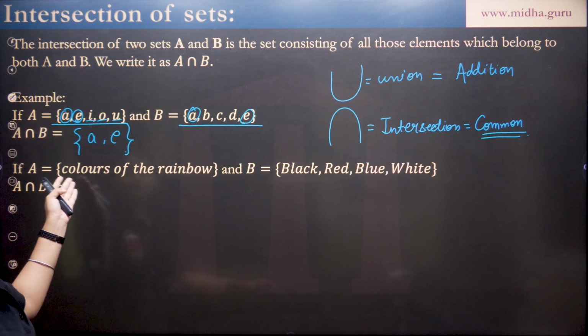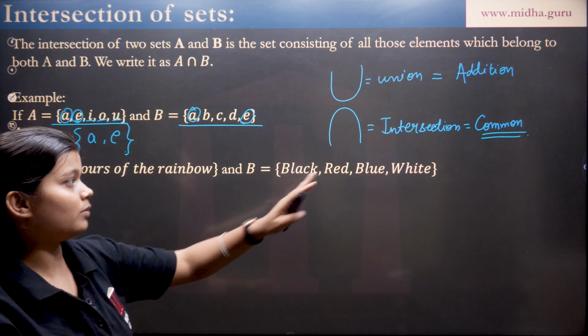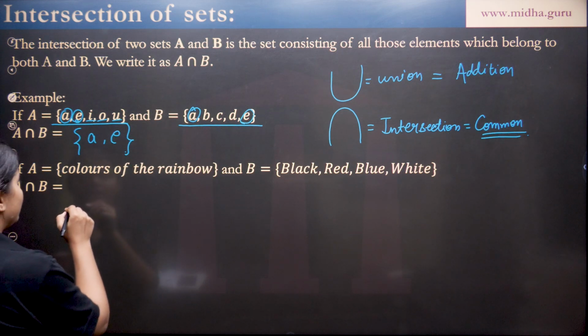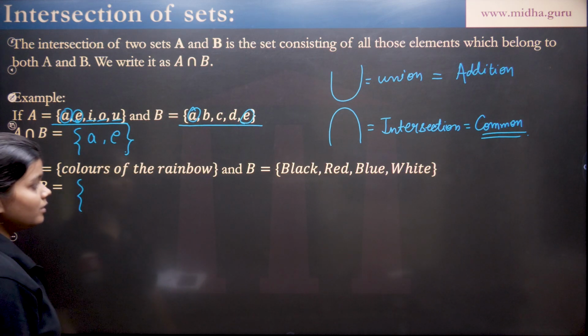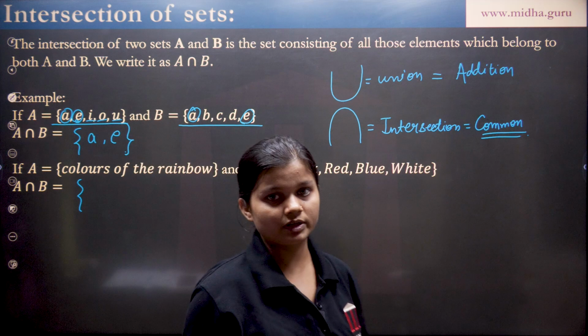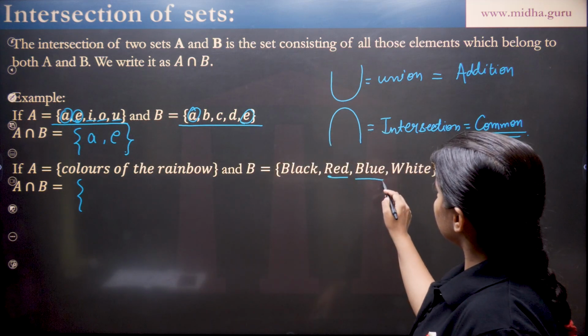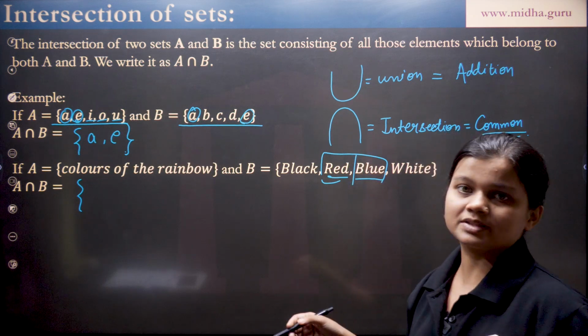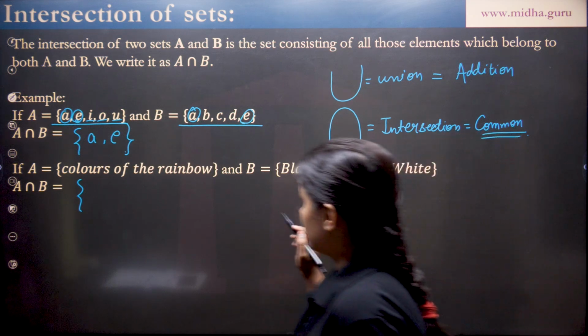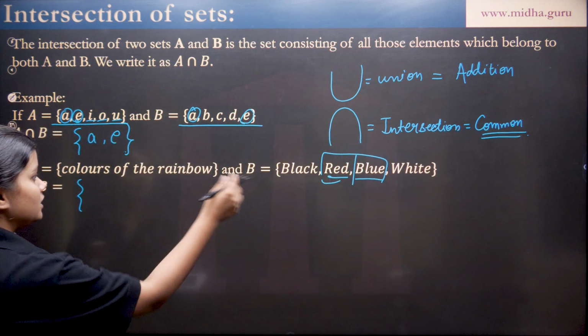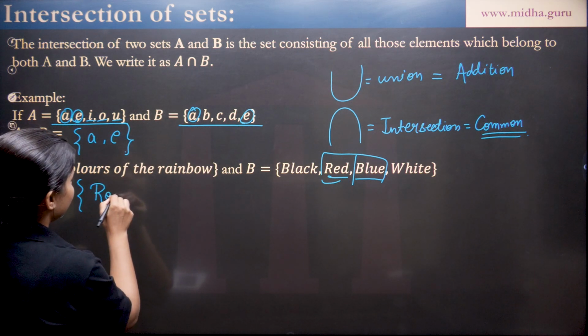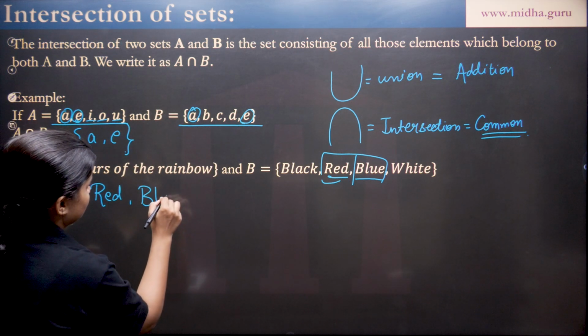Okay, now next is colors of the rainbow and black, red, blue, white. Same question, we have to find A intersection B. The colors of the rainbow include violet, indigo, blue, green, yellow, orange and red. In this set, red and blue are the only two colors that are present in the colors of the rainbow as well. So the common elements between these two sets are red and blue.